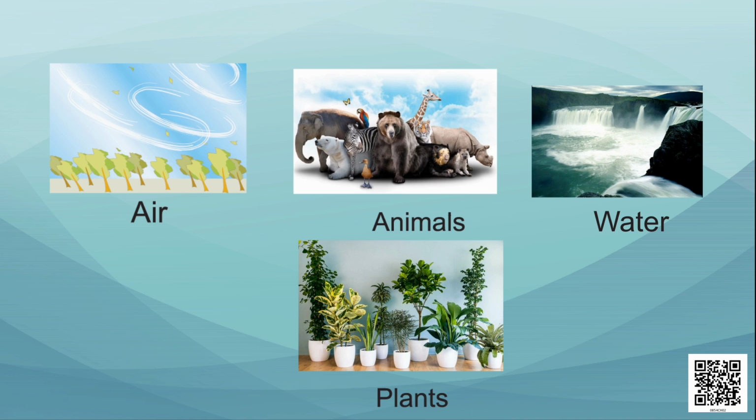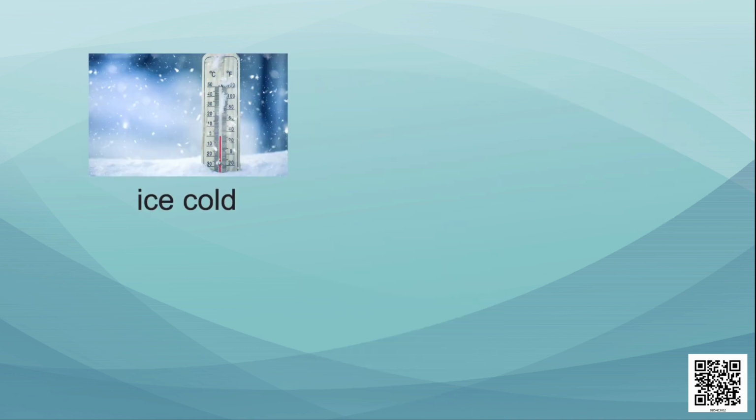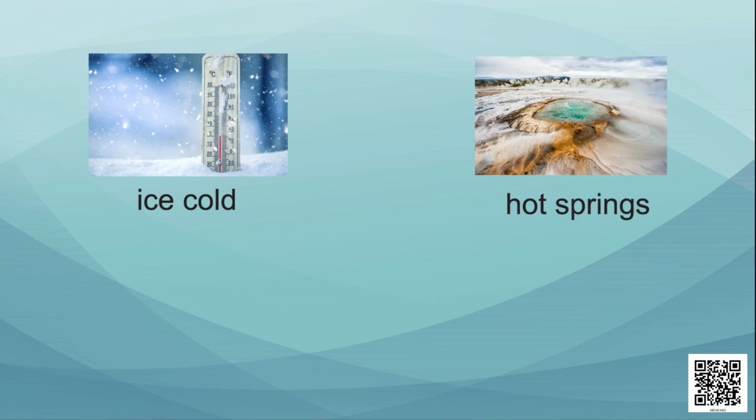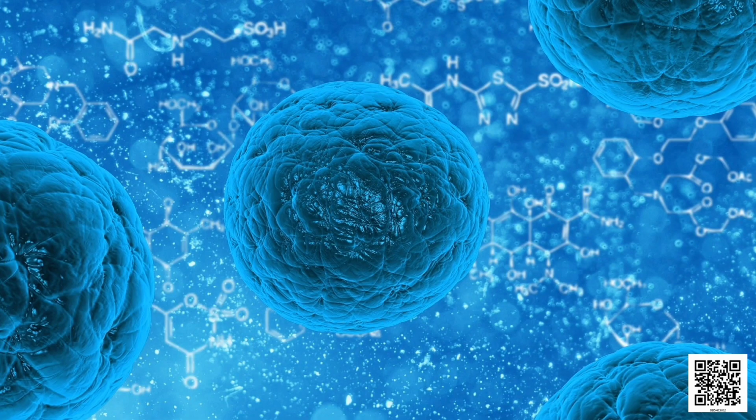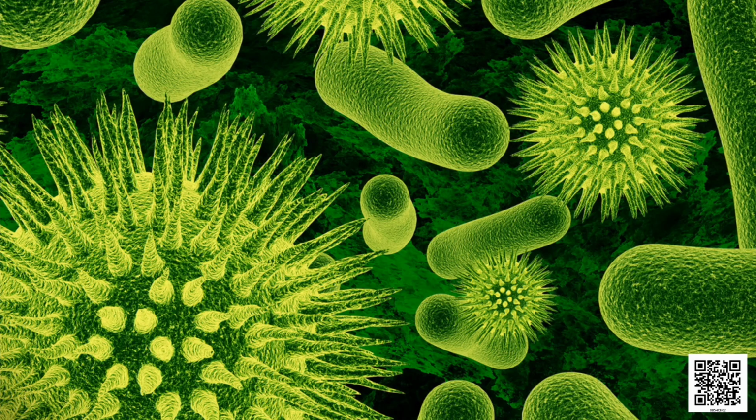Microorganisms can survive under all types of environment, ranging from ice-cold climate to hot springs and deserts to marshy land. Microorganisms may be single-celled like bacteria, some algae, and protozoa, or multicellular such as algae and fungi.